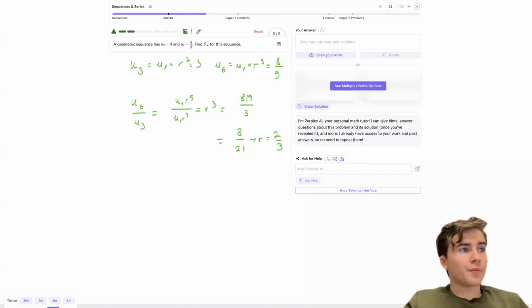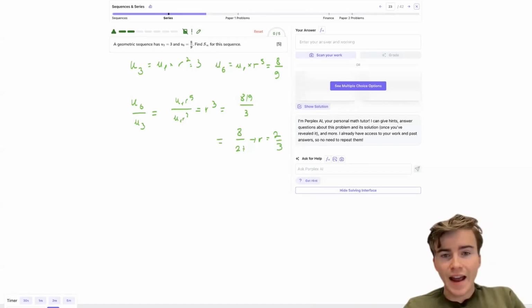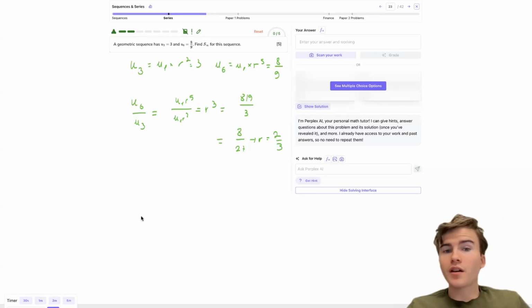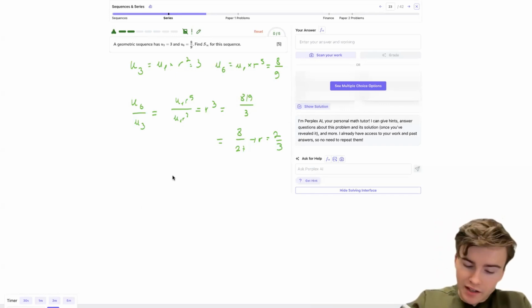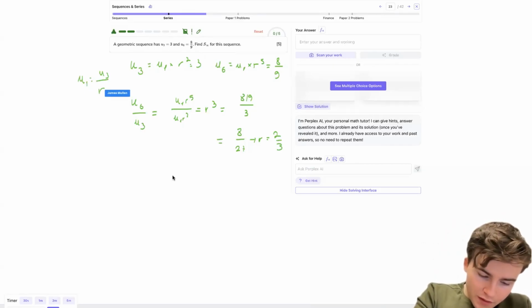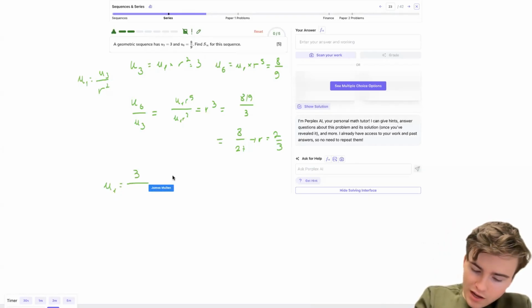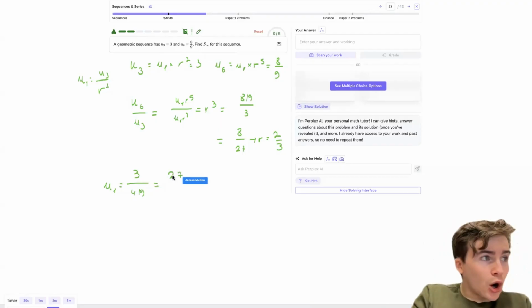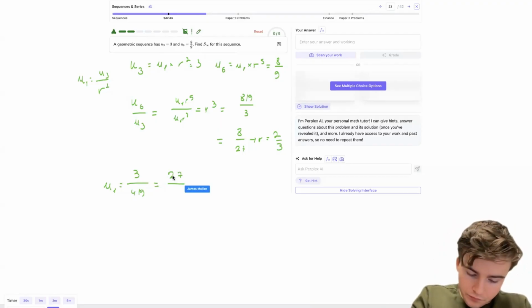Perfect. So r is 2 over 3, and now I need to find the first term so that I can use the formula for S infinity. So u3 is u1 times r squared, which means that u1 is equal to u3 over r squared. So u1 is equal to 3 divided by 2 over 3 squared, which is 4 over 9. And that's 27 over 4 for the first term.